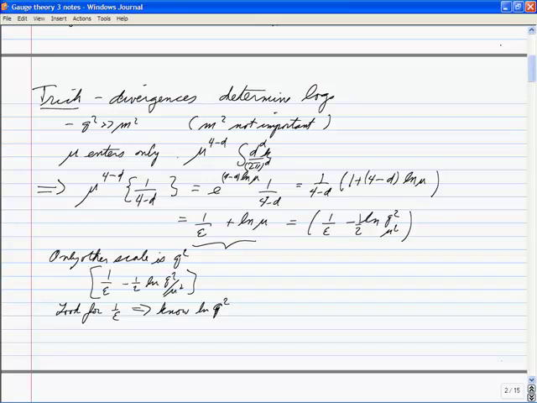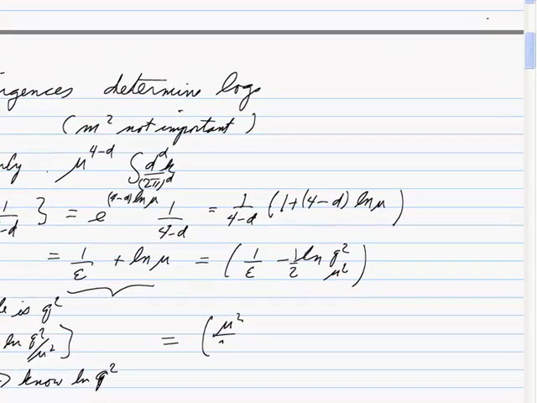You just look for where the divergences lie, and you're done. Sometimes I'll write this in the following way: mu squared over q squared. It's actually minus q squared, it turns out, but that's a technicality. 1 over epsilon, and then I put the power epsilon over 2 there.